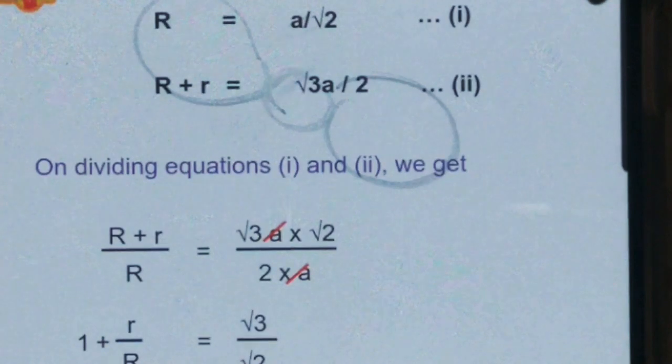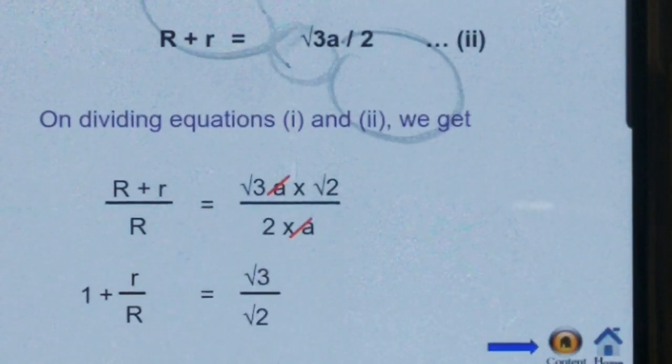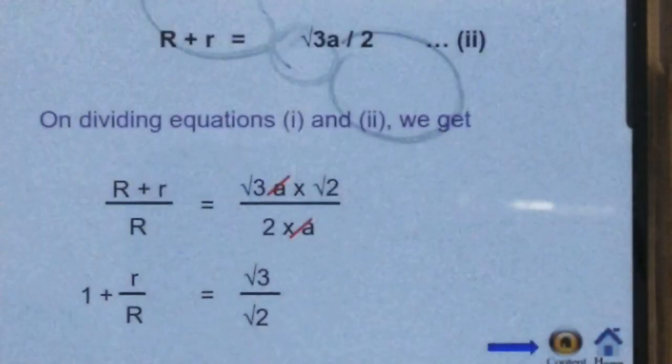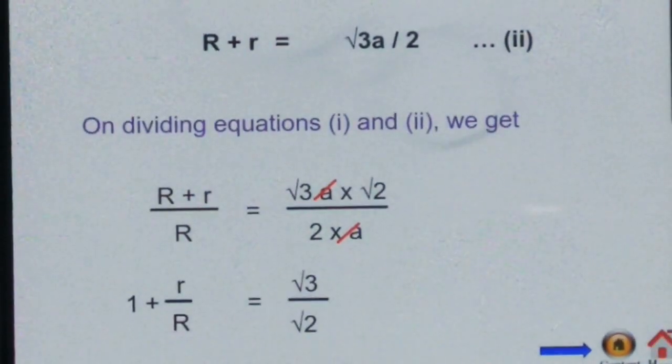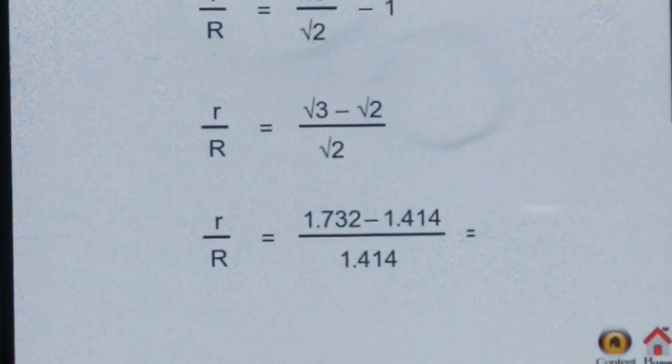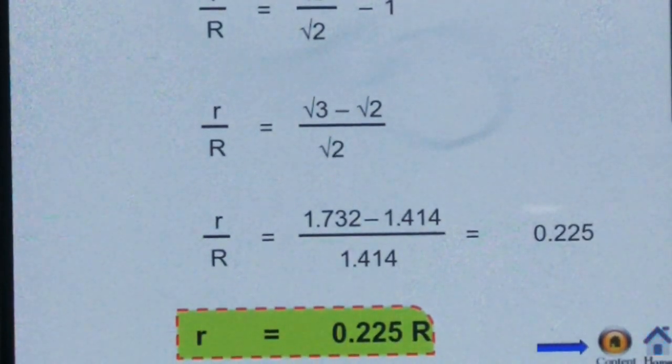So we get r divided by R plus small r divided by capital R. So 1 plus small r upon capital R will be root 3 by root 2. If we go ahead by subtracting 1, you will get this value. So the radius in case of tetrahedral void will be 0.225 R.